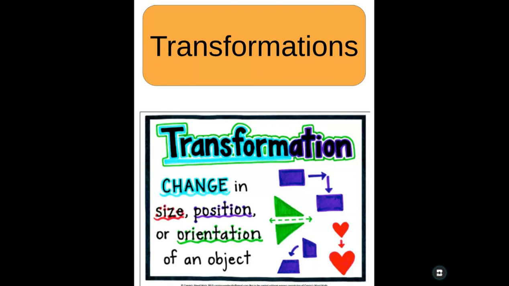Congruency means that all sides of one figure are the same as all sides of another figure, and also all angles of one figure are the same as all angles in another figure. If the angle sizes change or the side sizes change, it is not considered a rigid transformation or a congruence transformation.